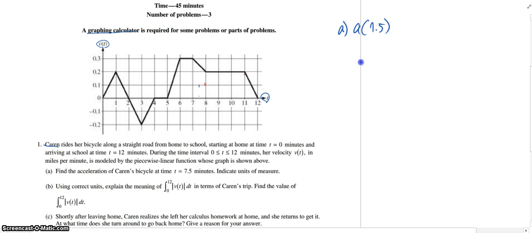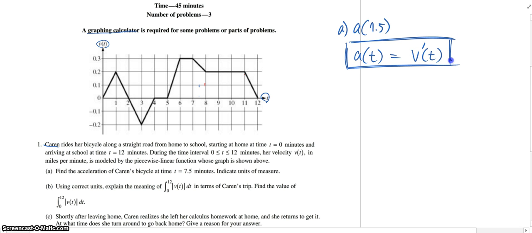The relationship we learned is that the acceleration is the derivative of the velocity. This is a very fundamental relationship in calculus. So by using this, the acceleration at 7.5 is the derivative of velocity at 7.5.